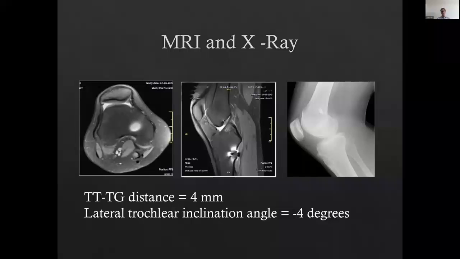This was her MRI. You see a convex trochlea, on the lateral X-ray you see the classical things from the Dejour classification, TTTG 4 millimeters, and lateral trochlear inclination angle -4 degrees.